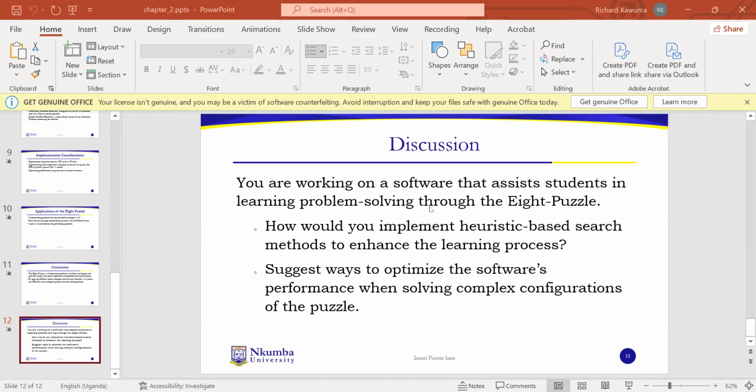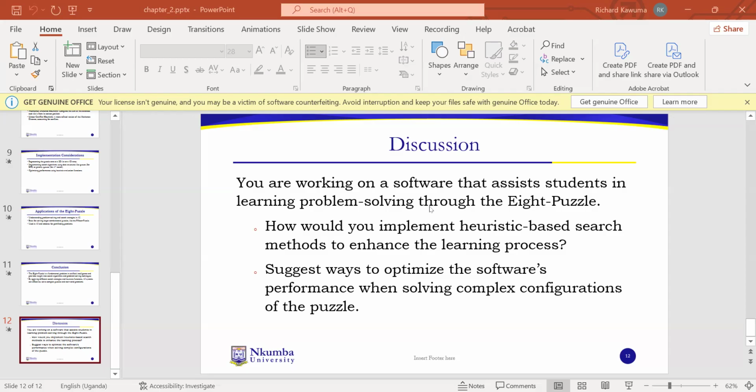Is Kaka online? Sir, are we going to be having online classes throughout, or we'll have some days where we'll meet physically? Some days we shall meet physically. But why do I want these online classes? I want the distance students to get something out of it, because for the physical classes, the distance students will not be able to meet.